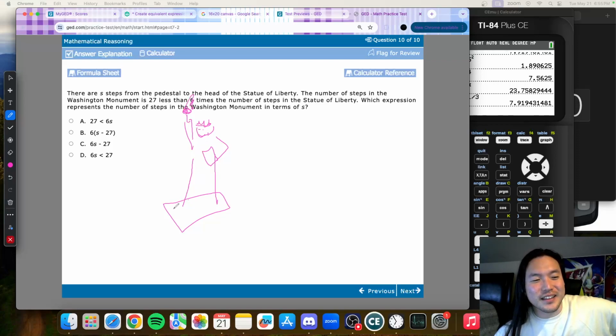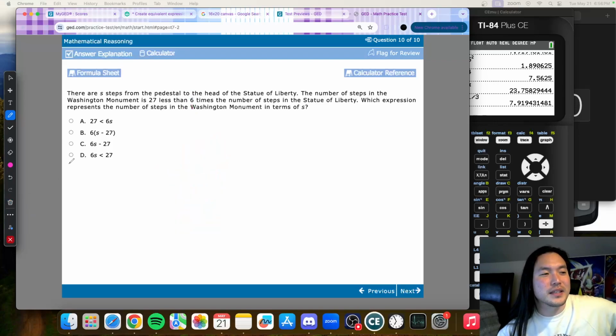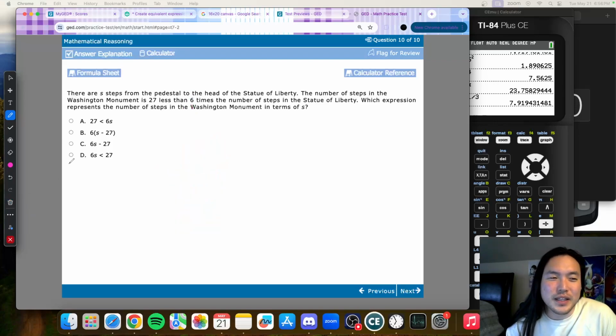Are they saying the distance from here to here? Why would you call that steps? I guess the Statue of Liberty has a staircase inside, right? Number of steps in the Washington Monument is 27 less than 6 times the number of steps in the Statue of Liberty. Maybe they're talking about the staircase inside. Okay, whatever. It doesn't matter.